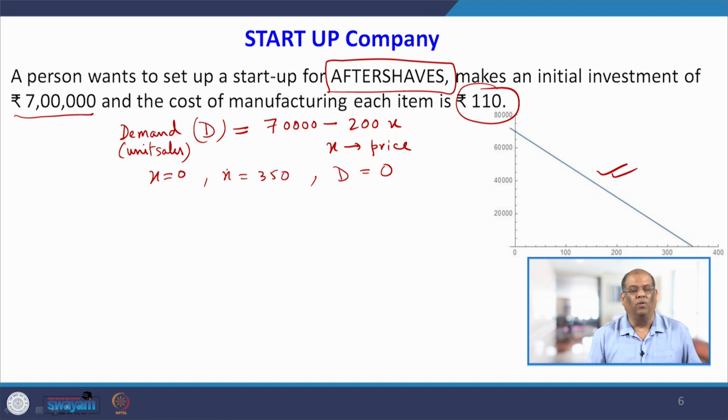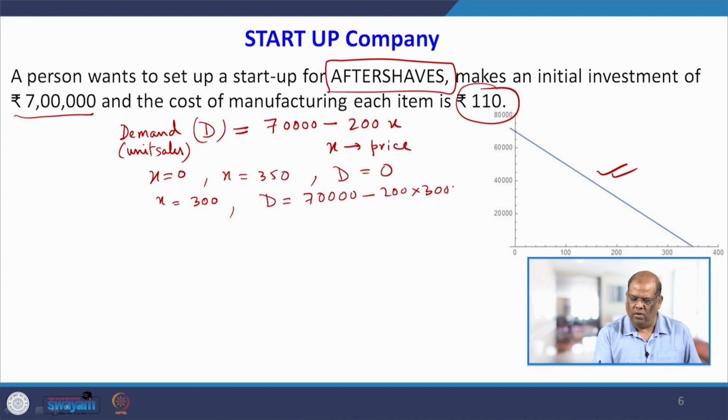So, that is the whole idea of this problem: what is that x such that the startup company shows a profit and can run. For example, if I put x equal to 300 say, then your D is 70,000 minus 200 into 300, which is 10,000.